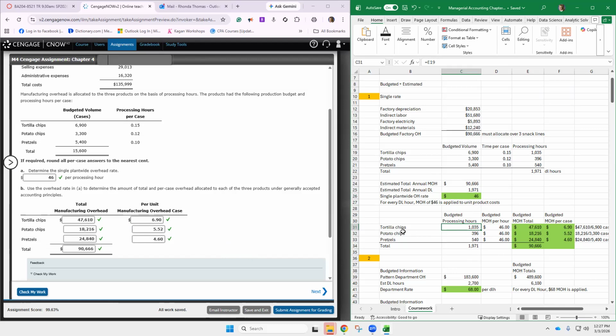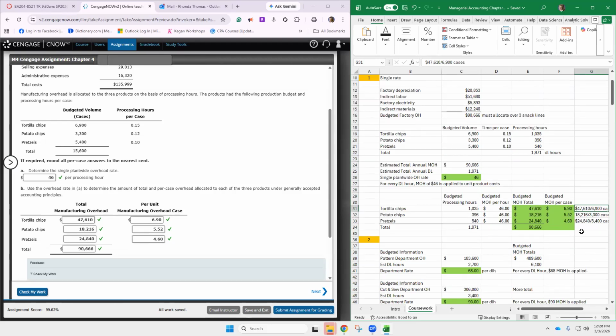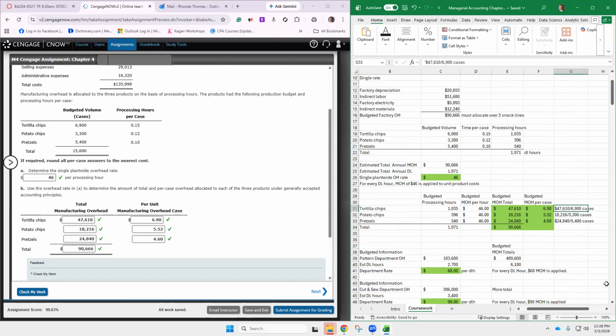If you look at tortilla chips, 1,035 hours times 46, here's the budgeted amount of overhead, 4,610, and then you divide that number by the number of cases. So remember, here's the number of cases. I put the little calculation here to the side as to how I calculated this number.